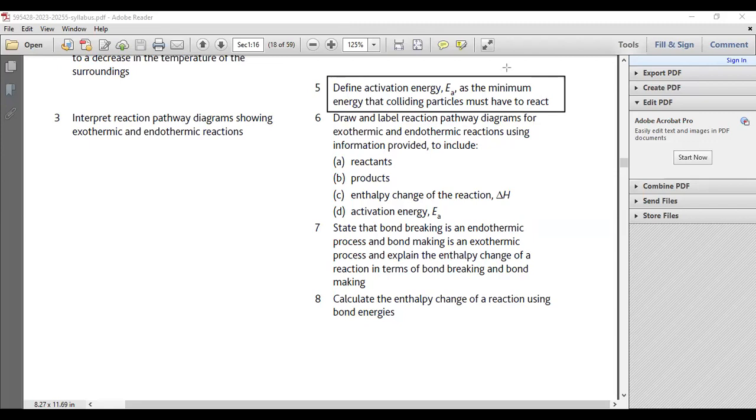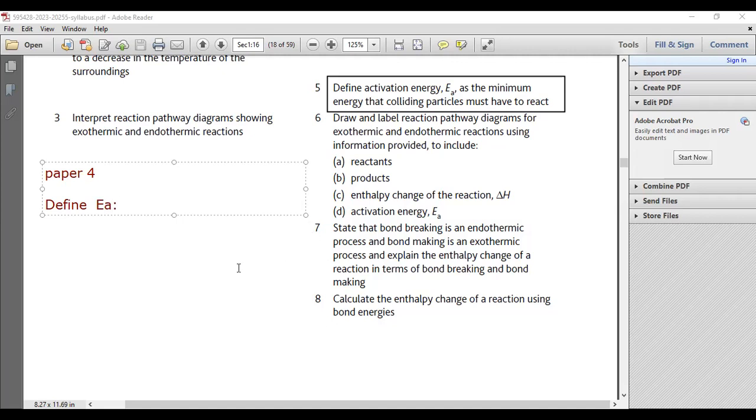Define activation energy, EA, as the minimal energy that colliding particles must have to react. So sometimes the examiner will ask you in paper for the question, define EA.